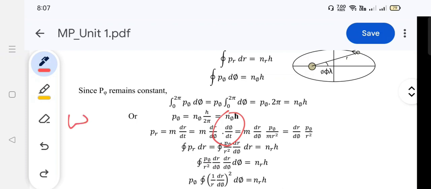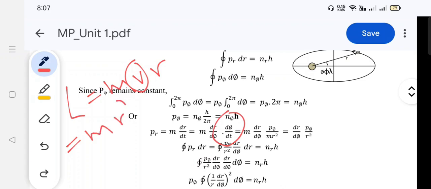Again, d phi by dt is nothing but omega. We know that angular momentum L is equal to mvr, and v can be written as r omega, so this can be written as m r square omega. Omega is d phi by dt, so omega is nothing but L by m r square. In our case, L is p phi and omega is d phi by dt.